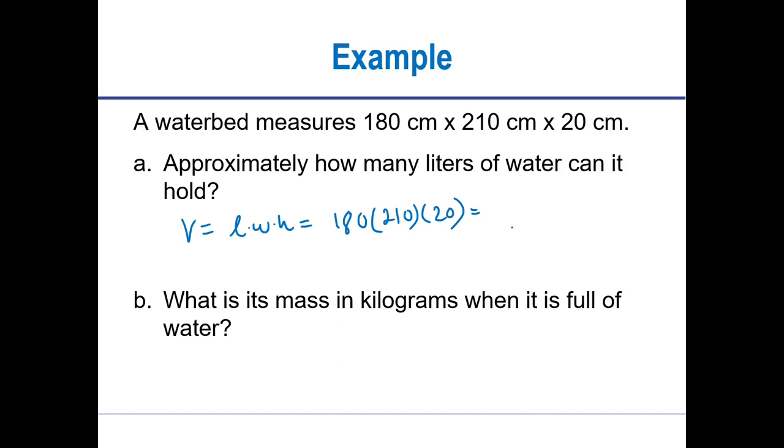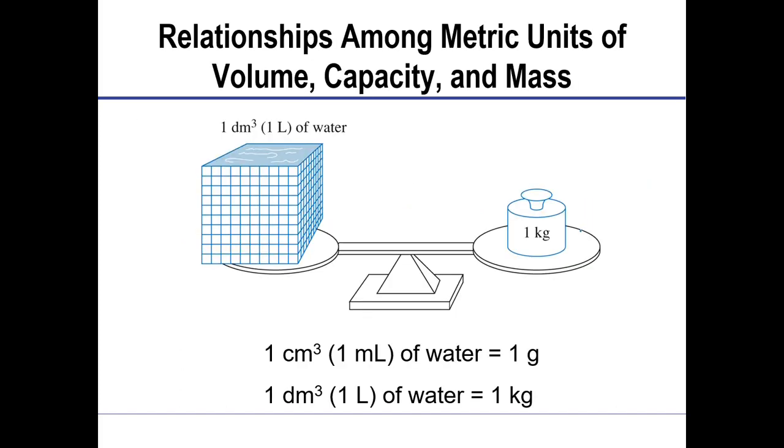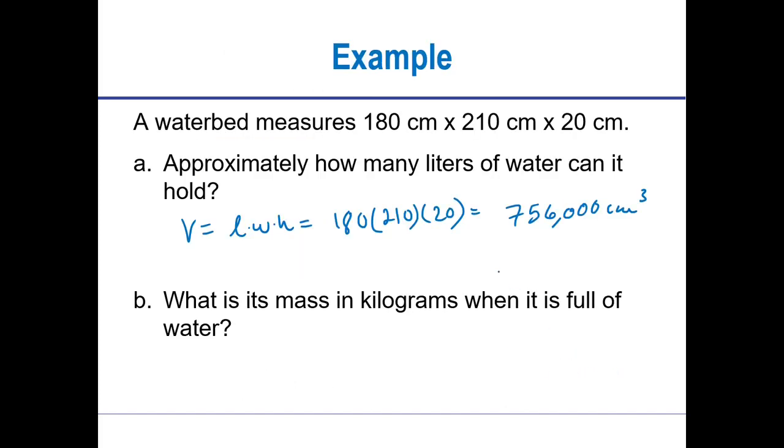And this gives us a volume of 756,000 centimeters cubed. Recall, 1 centimeter cubed is equivalent to 1 milliliter. So this is equivalent now to 756,000 milliliters. And if we convert this to liters, we know this is just 756 liters.